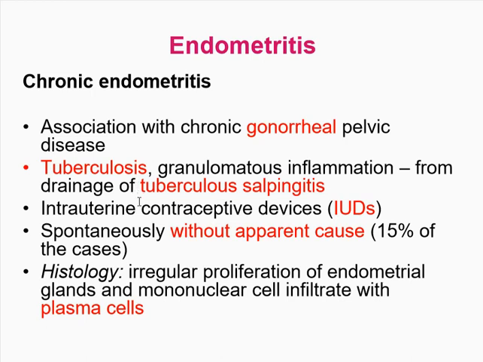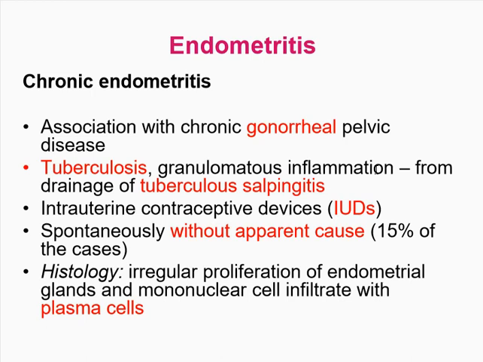Intrauterine contraceptive devices are also predisposing factors to inflammation, as something alien in the body. And obviously there is a minority of endometritis cases which cannot be associated with any of these predisposing factors or infective agents.